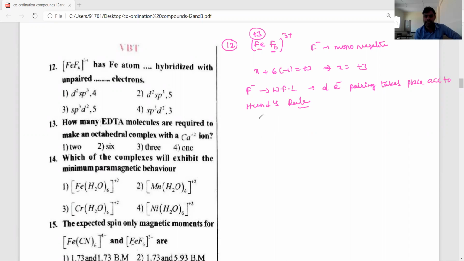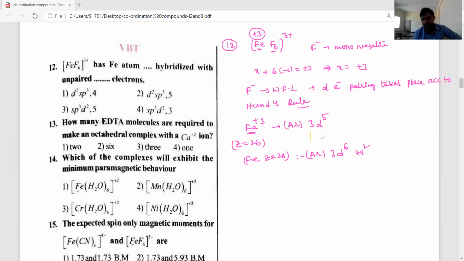So iron in plus 3 oxidation state: iron Z is equal to 26, its electronic configuration is argon 3d6 4s2. But iron plus 3 means we have to remove 3 electrons, then it is argon 3d5. 5 electrons are present in d orbitals, filled according to Hund's rule.